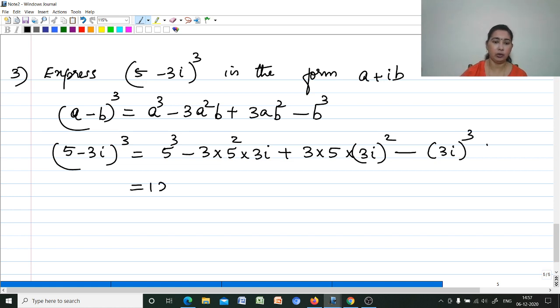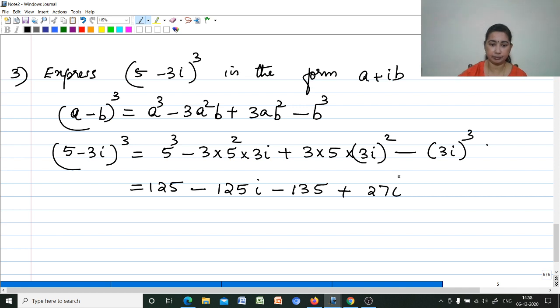That's equal to 125. Then here minus 25 into 9, 125i. Then here minus 135 because i square is minus 1. So 135. Then 9 into 15 is 135. Then last term minus of minus, then 3 cube is 27. Then i cube is minus i.